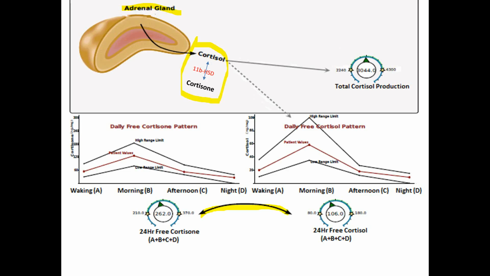It's a back and forth between cortisol and cortisone. Because it goes back and forth so readily, it is of value to also look at the free cortisone pattern. That can help confirm what's going on in these different time periods with the free hormone. It's of secondary importance to the free cortisol, but it's worth looking at to confirm a bit of that story.